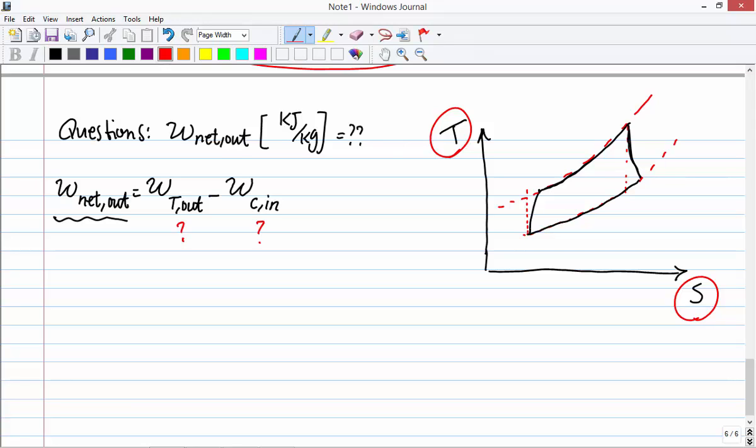So here's the path. Point 1, point 2 actual, but if it was isentropic, we would end up there, 2s, at the same pressure.